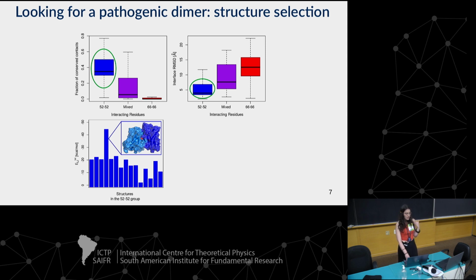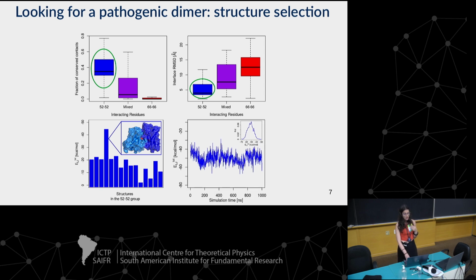And so we extended the dynamics of these dimers to 1 microsecond. And actually, the Lennard-Jones interaction is very stable, so we can say that this is quite a stable dimer, and it's actually a good candidate to be considered a pathogenic dimer at the beginning of the aggregation pathway.